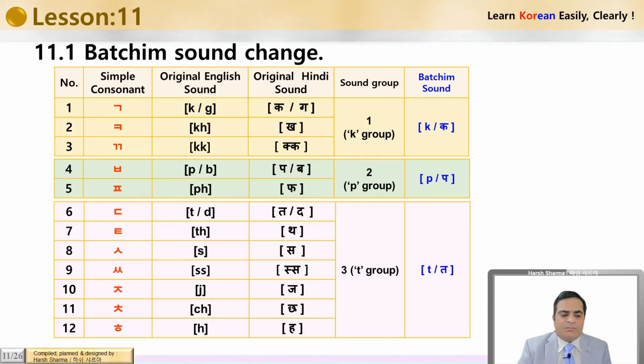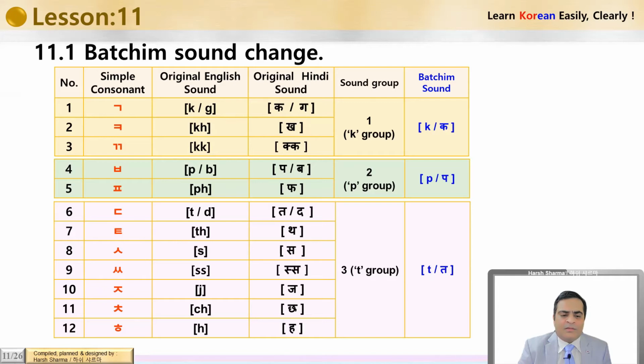When these three are at the Batchim position, see the Batchim sound column on the extreme right side of the table, they will all be pronounced with one single sound, that is ka. So we can group them as the K family, numbers 1, 2, and 3. If we understand numbers 1 to 3, the others will be very easy.